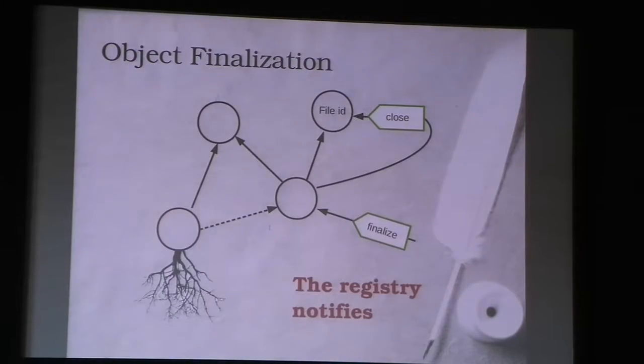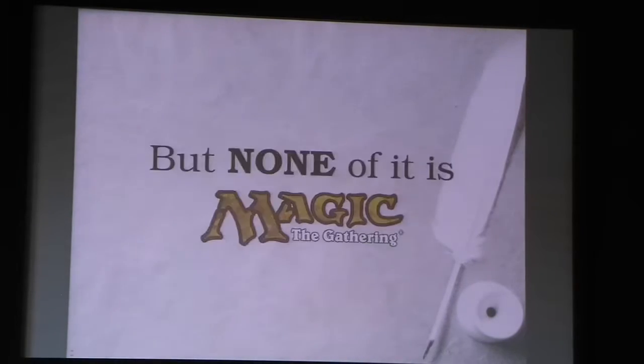Once the garbage collector says, I will collect that guy, before collecting it, what I will do is send the finalized message to that guy, and when it receives the finalized message, it will close the file descriptor, and then we are not leaking files. Okay, this is in a really simplified way. Actually, the thing doesn't really happen like that, but this is what you need to understand so far.